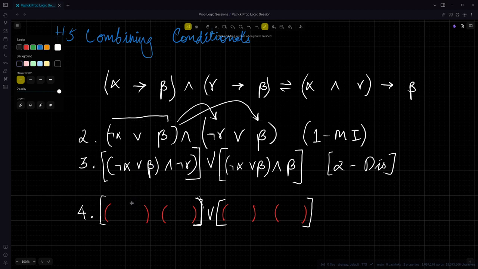Yeah, so then not alpha and not gamma. And then between them we have an or, and then we have beta and not gamma. And then on the alpha or beta.